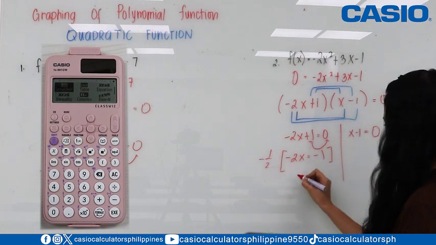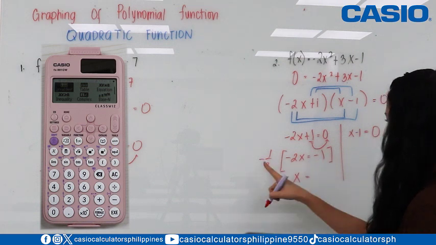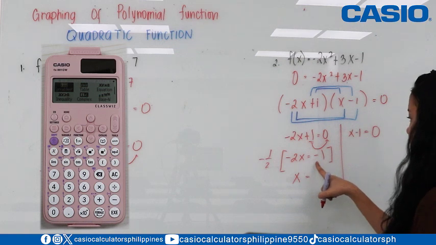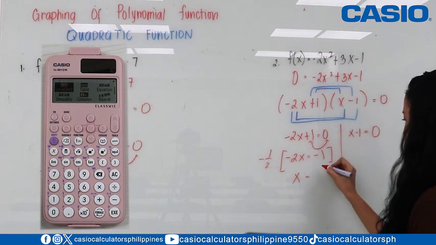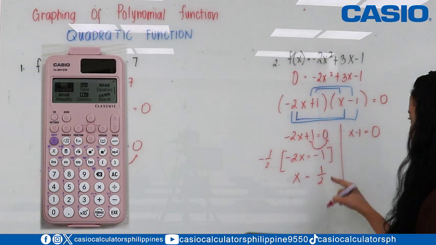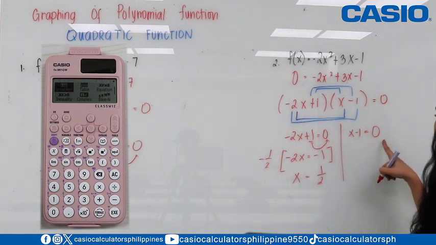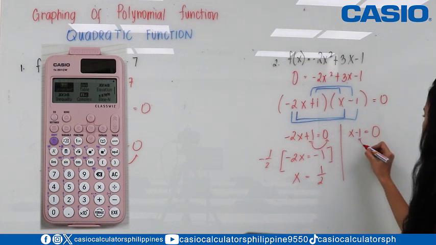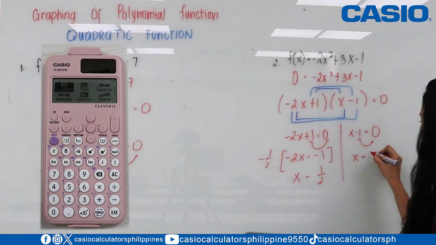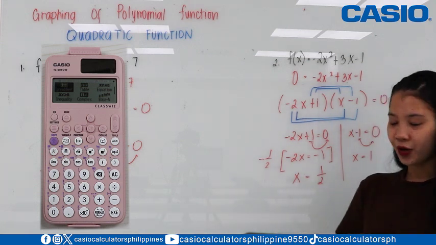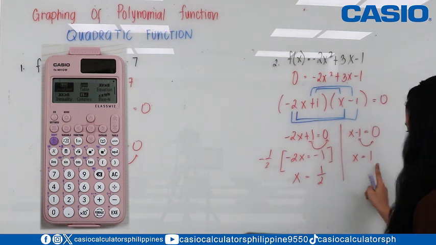So we have x is equal to negative times negative, that will be positive. Therefore, we have 1/2 here on the first x. For x minus 1 is equal to 0, if we transpose negative 1 to the right side, that will be positive 1. So the values that we've got are 1/2 and 1.